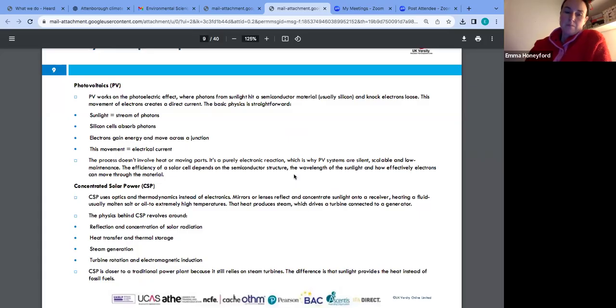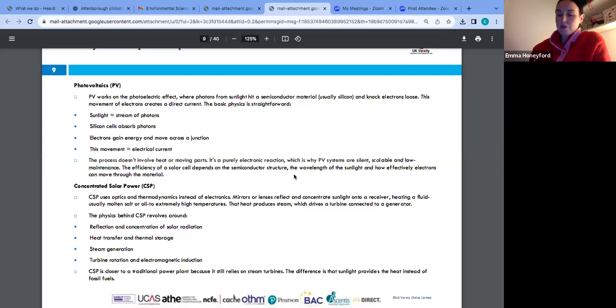In contrast, the other type of solar power is concentrated solar power, CSP. The science of this is different to PV, and it uses optics and thermodynamics instead of electronics. With PV, solar panels directly convert sunlight into electricity.